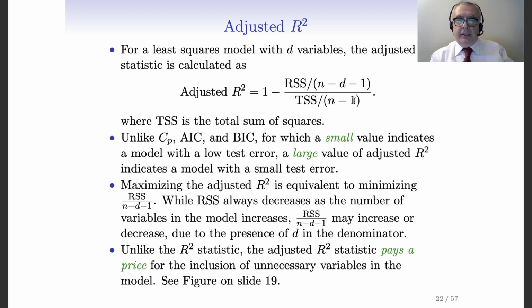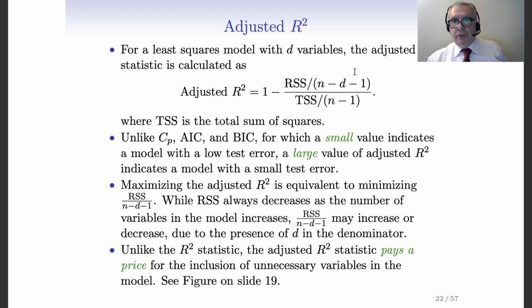Okay, and the idea is that the R squared will be maximal when you consider the full model, for instance, a very complex model, because with more parameters you have more degrees of freedom, you fit better the data, and so the residual sum of squares is going to decrease and R squared is going to increase.